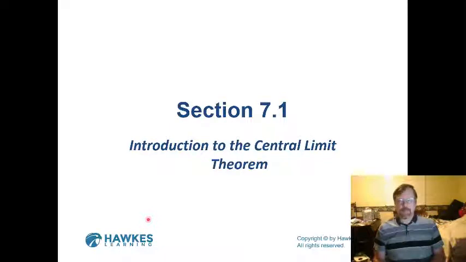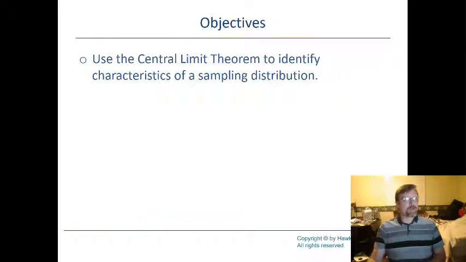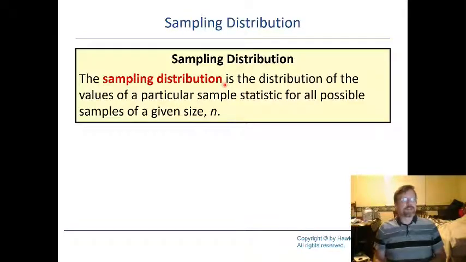So we're going to talk about the central limit theorem, and to do that, we're going to talk a little bit about sampling distributions. So the book definition is: it's a distribution of sample statistics for samples of a given size.